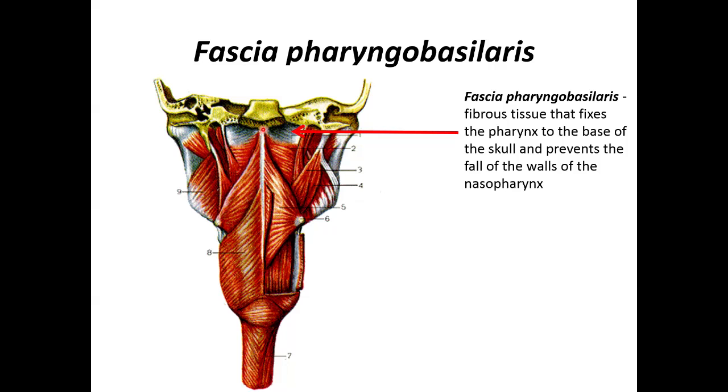That's why it's fixed to the base of the skull. So fascia pharyngobasilaris is a feature of structure of the wall of the pharynx.